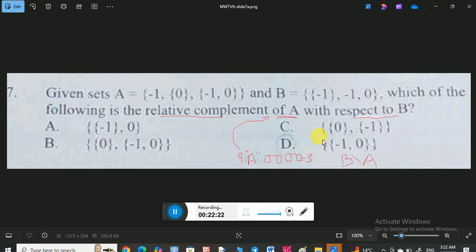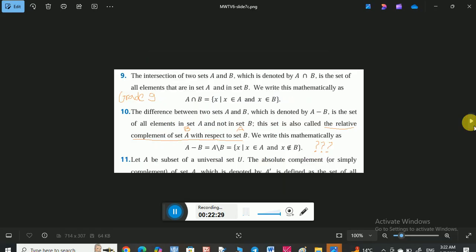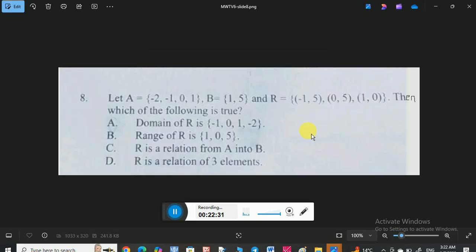According to the correct definition, based on the definition in the students' book, A does not come. Okay, last problem for this video is problem number 8. Let A be the set containing -2, -1, 0, 1, B and R be the set containing (-1, 5), (0, 5), (1, 0). See, a pair of elements is shown: (-1, 5) is one element, (0, 5) is one element, (1, 0) is one element. There are three elements in R. What's asked: which one of the following is true?